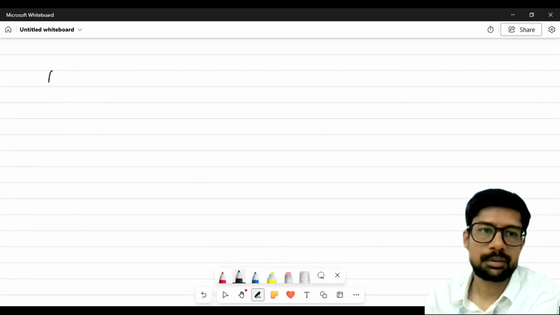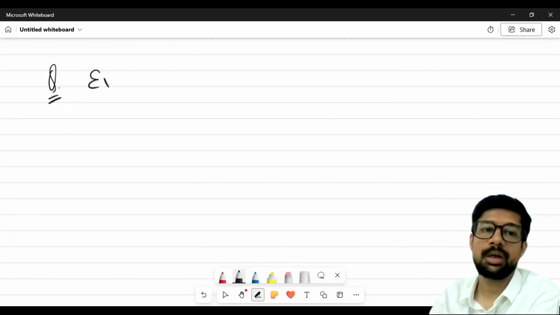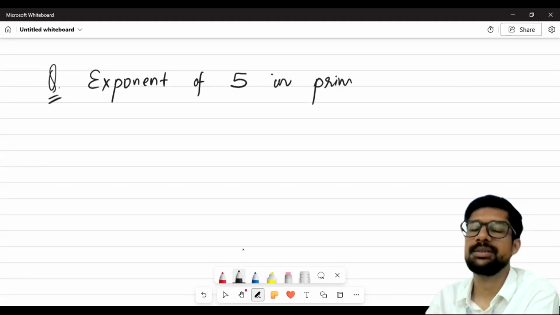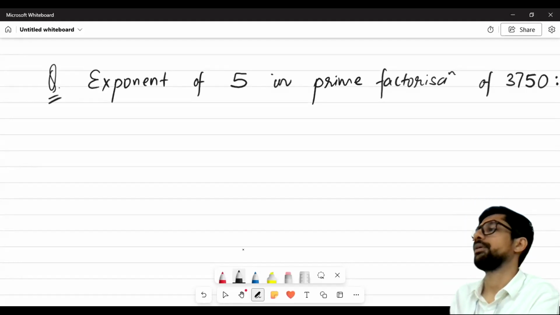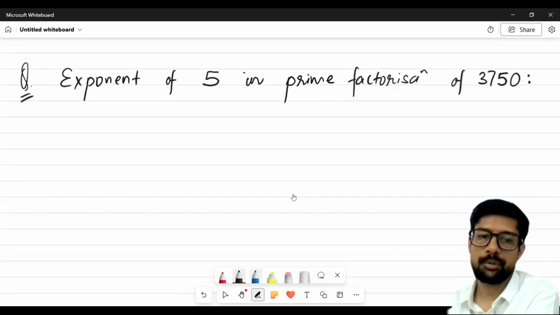अगला रेंज देखते हैं. Now this I guess is a basic range. We have worked it out earlier. Exponent of 5 in prime factorization of 3750, 2021.